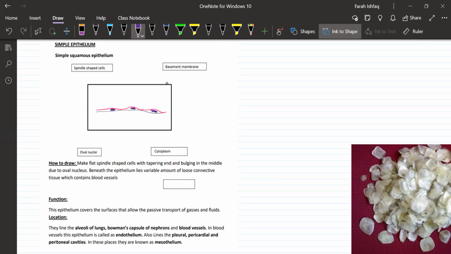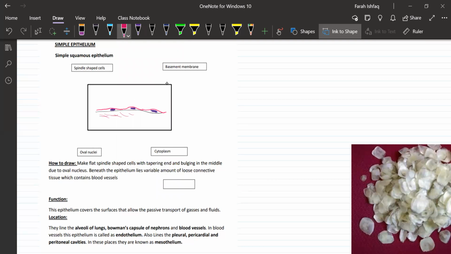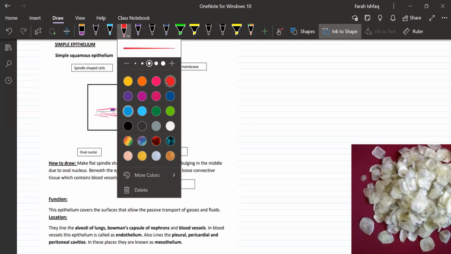So this is how you will make the simple squamous epithelium, and below it, you will also make the connective tissue and the fibers of connective tissue. And in it, you will draw some blood vessels also.